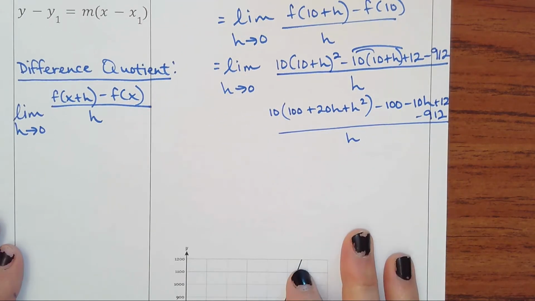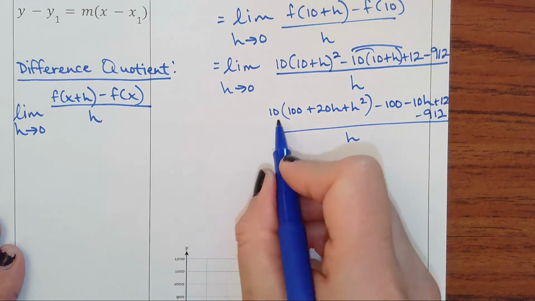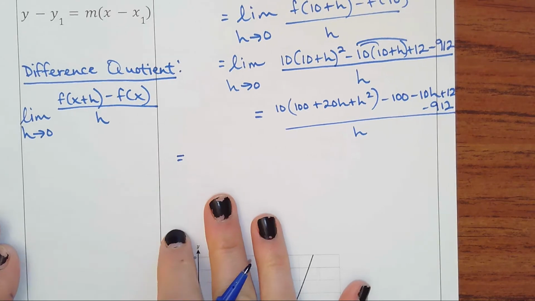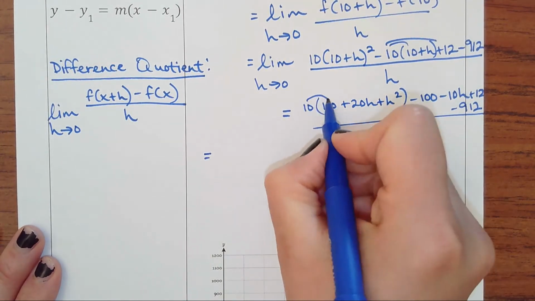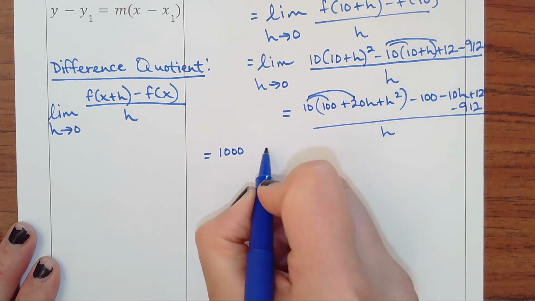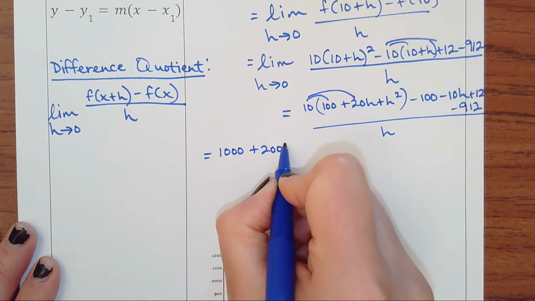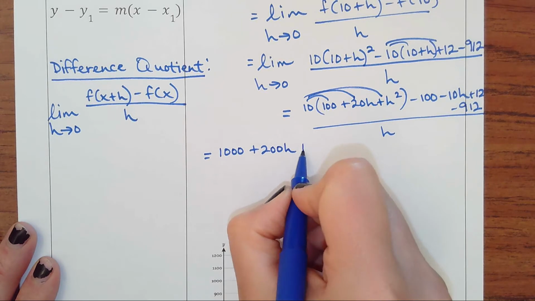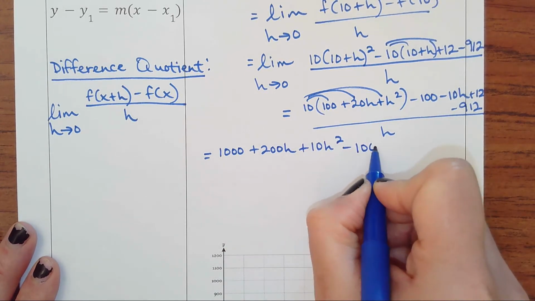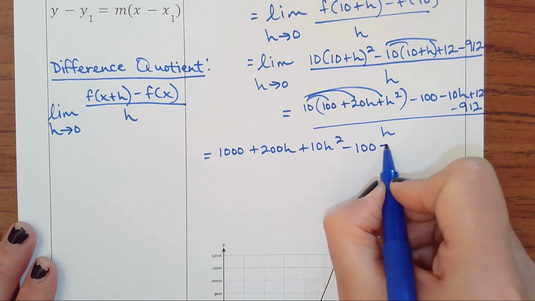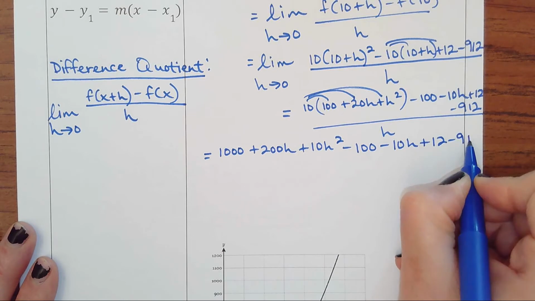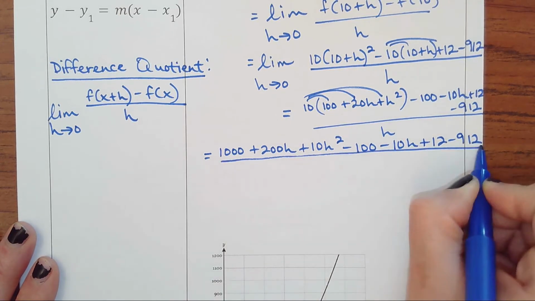And then distribute the 10. 10 times 100 would be 1,000. 10 times 20h would be 200h plus 10h squared, minus 100 minus 10h plus 12 minus 912 all over h.